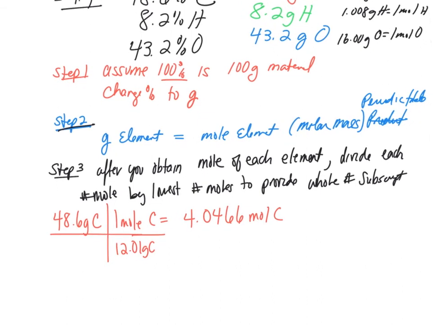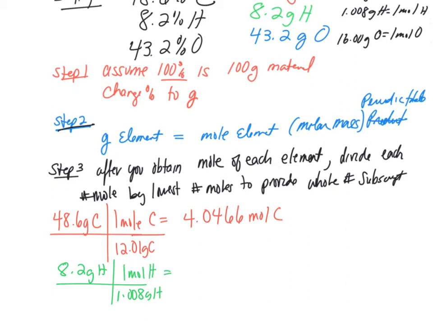Okay, and then we're going to do the hydrogen. 8.2 grams of hydrogen, 1.008 grams of hydrogen for 1 mole of hydrogen. 8.2 divided by 1.008, we get 8.13492 mole of hydrogen.